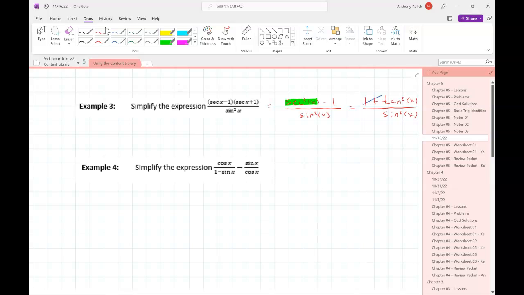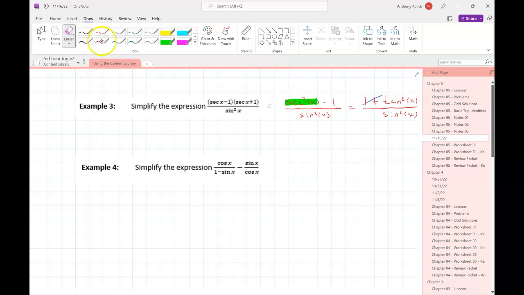What would the common denominator be between 1 minus sine x and cos x? What would the common denominator be of 2 and 3? 6, which is 2 times 3, right? So the common denominator here would be 1 minus sine x times cosine x. Those two things are relatively prime. They have nothing in common. So the least common multiple, the thing that would make our common denominator, is just going to be the product of those two things.